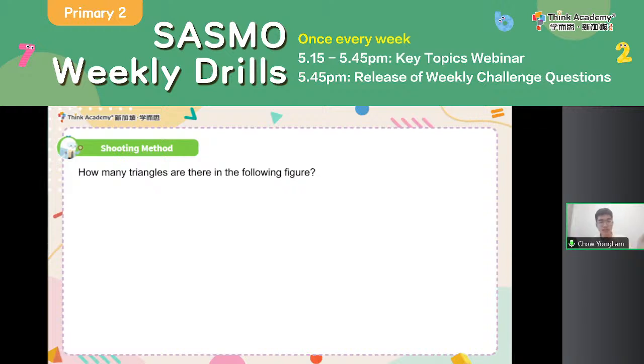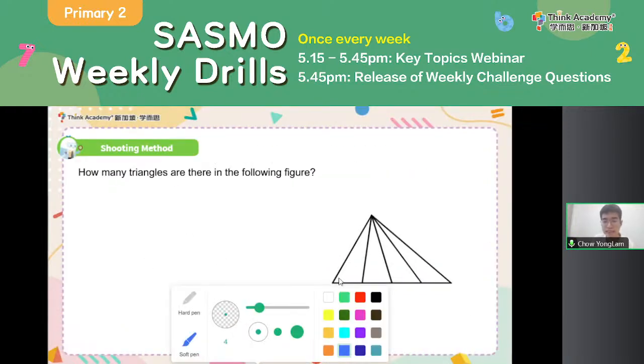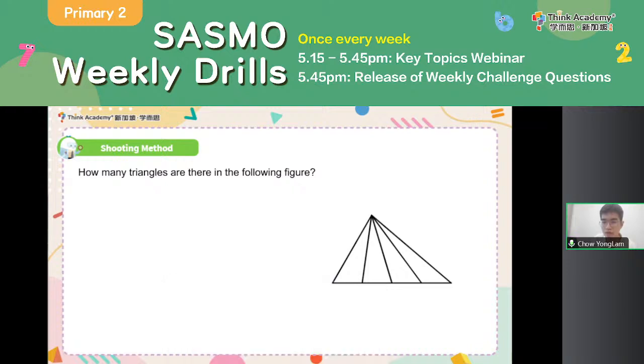So with that, let's take a look at this question. We are looking at the shooting method. How many triangles are there in the following figure? Let's see. This triangle has a lot of line segments, right? If you look at what's happening below, each time I see 2 endpoints on this line, I pick a line segment.